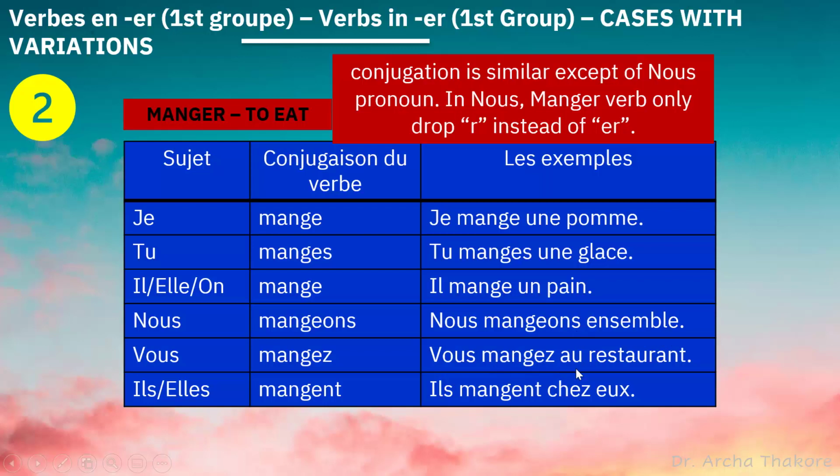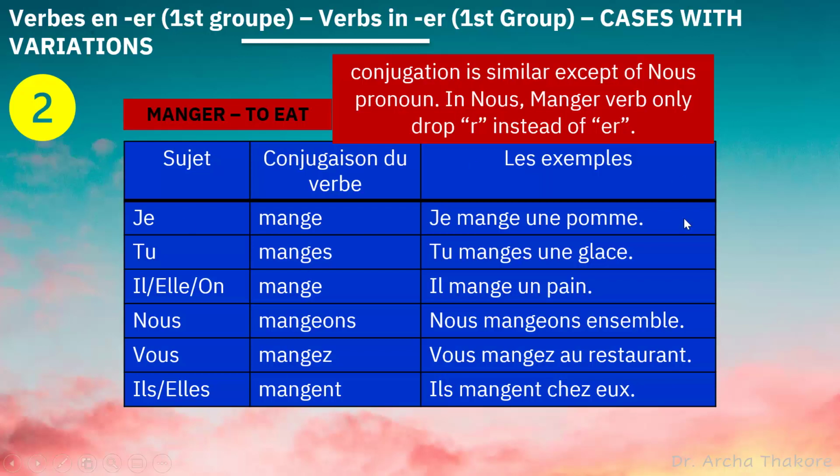Vous mangez au restaurant. A plus le. Remember? So this is you eat at the restaurant. Ils mangent chez eux. You eat at their place. Chez, whenever chez comes in front of anything, it means that you're talking about somebody's place. Chez moi, my place. Chez toi, your place.